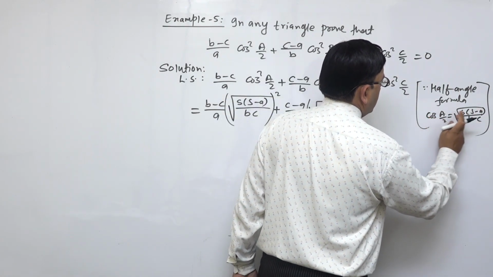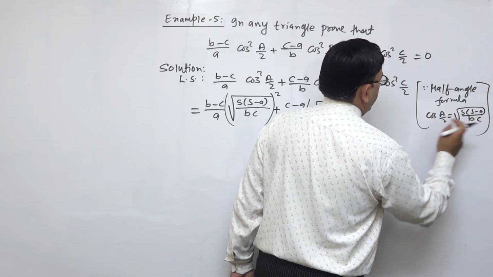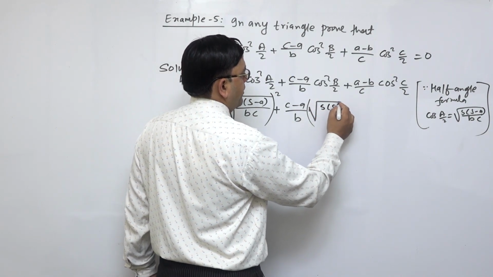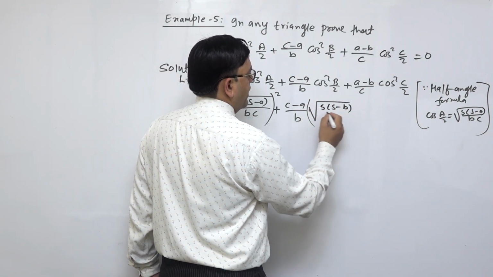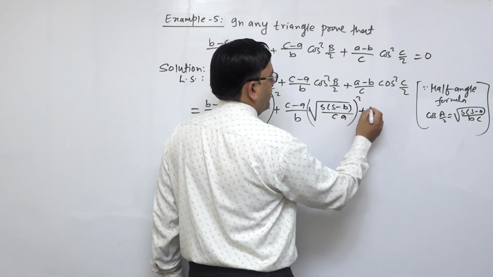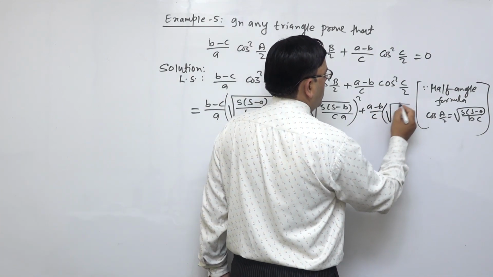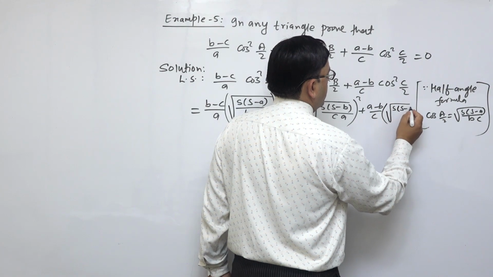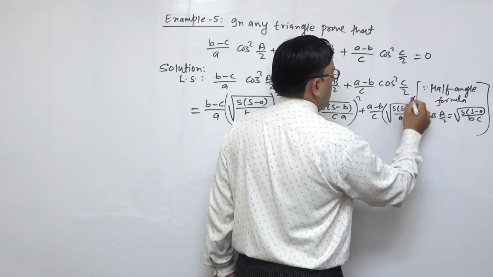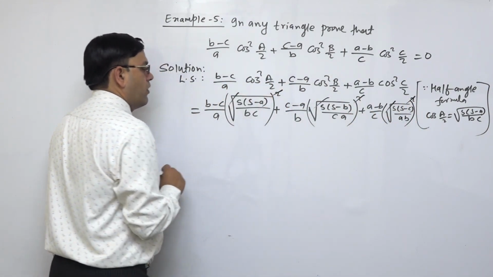If it is B, then s(s minus b) by ca, whole square, plus (a minus b) by c times root under s(s minus c) by ab, whole square. The roots cancel with the squares.